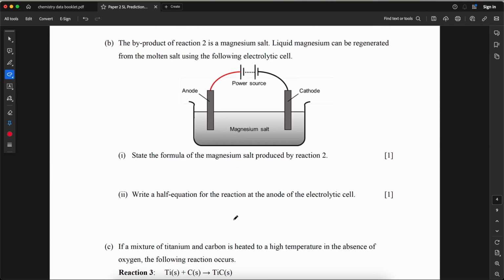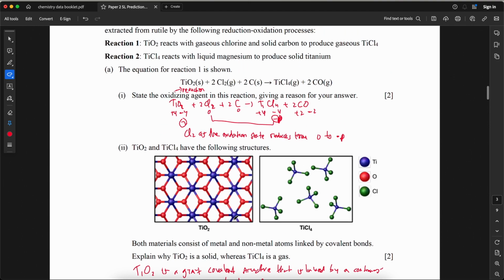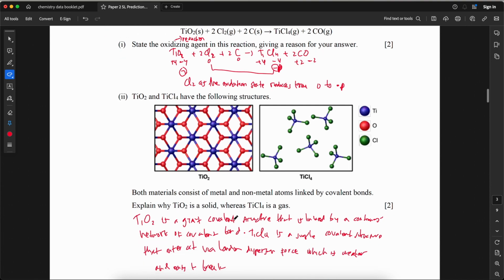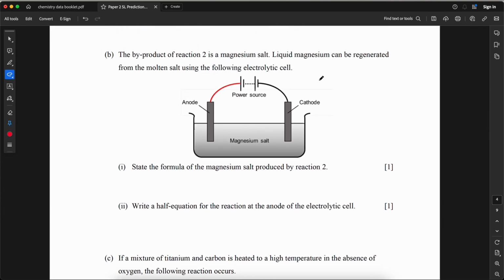The byproduct of reaction 2 is a magnesium salt. So reaction 2, TiCl4 reacts with magnesium, produces titanium. Liquid magnesium can be regenerated from the molten salt using the following electrolytic cell. State the formula of magnesium salt produced by reaction 2.